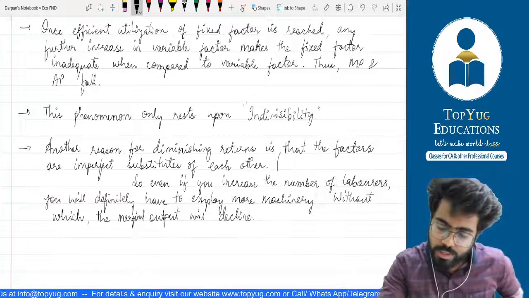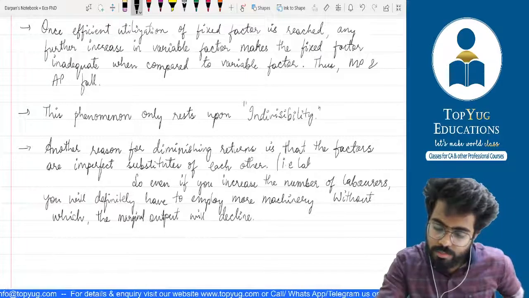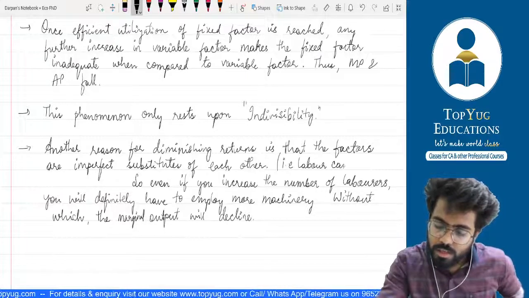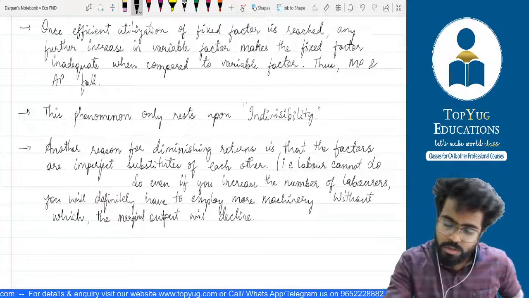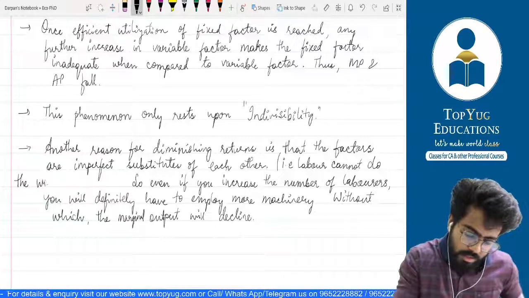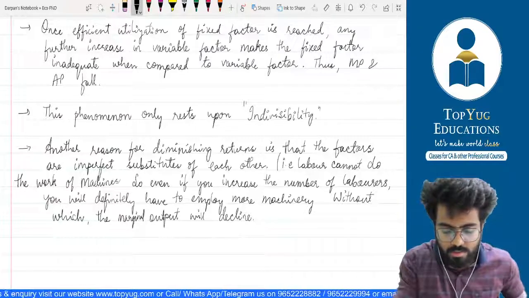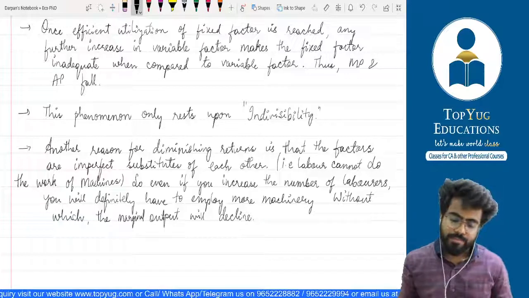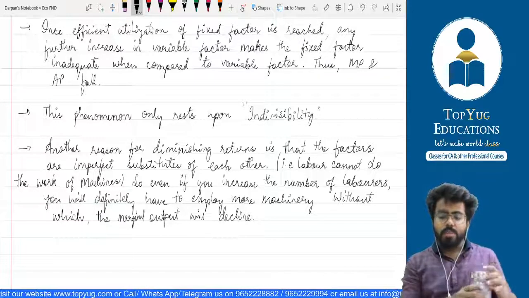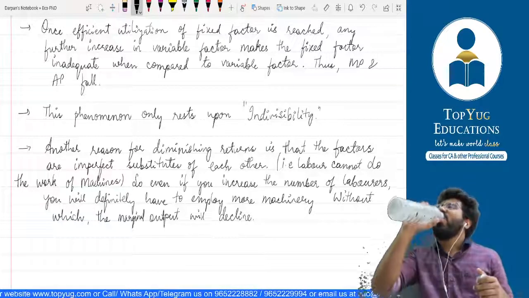Here in brackets you can write, that is, labor cannot do the work of machines.